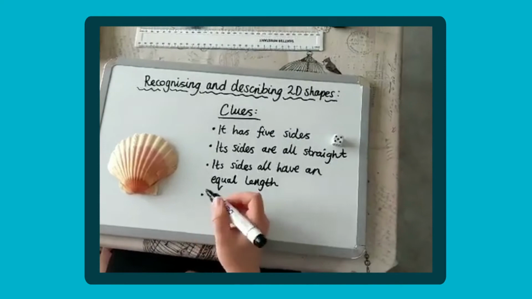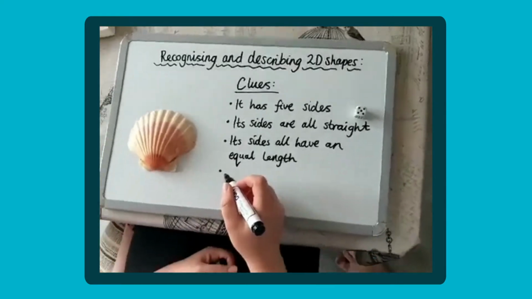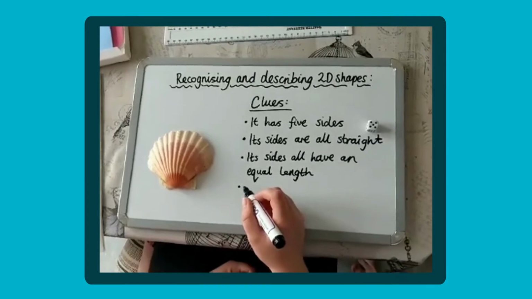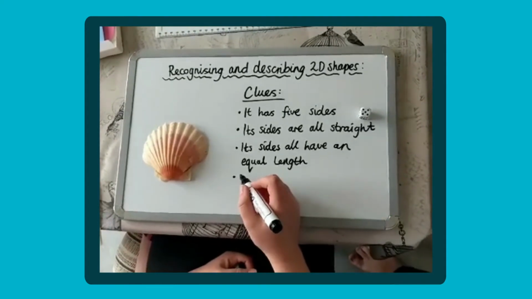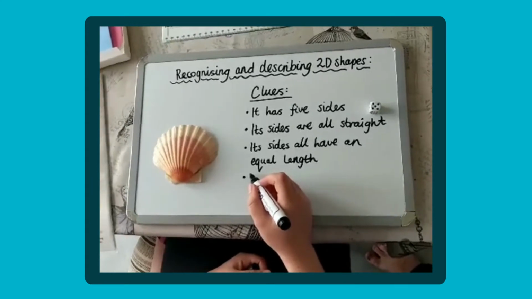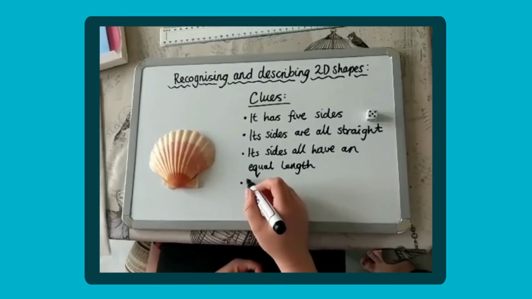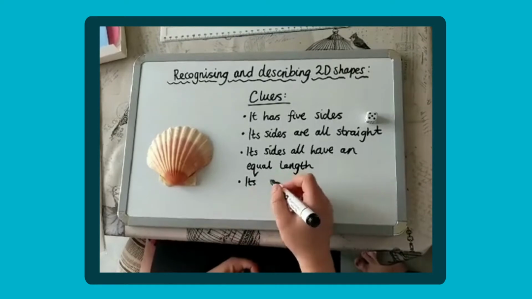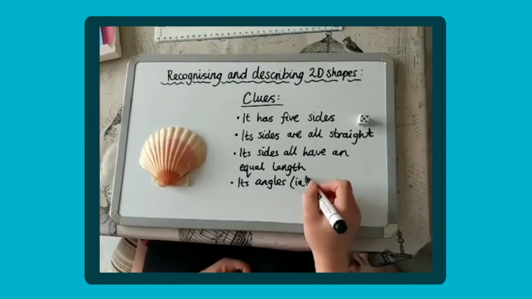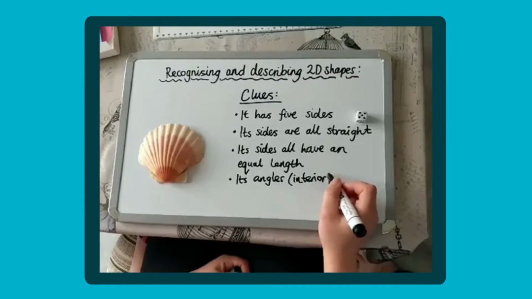We could also say something about the angles in the shape. So we know that a pentagon, if it's regular, has obtuse angles, which are greater than 90 degrees but less than 180 degrees. So we could say its interior angles, but we wouldn't need to specify this for Year 3.